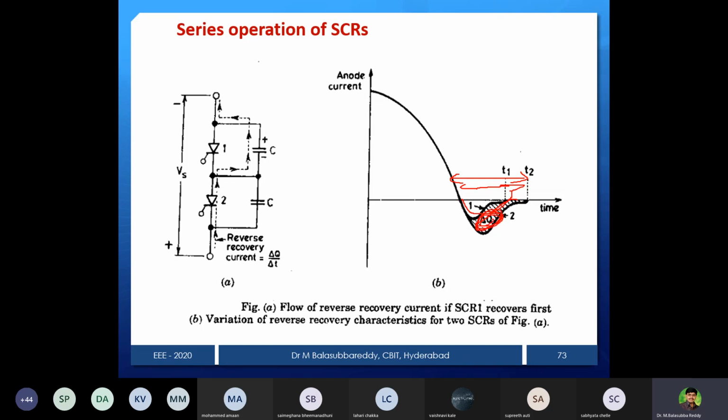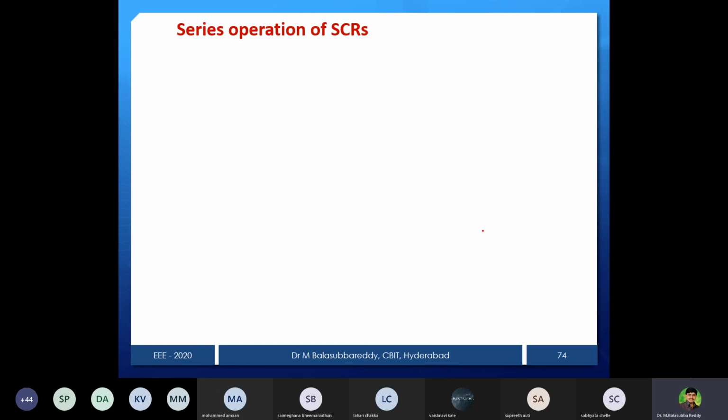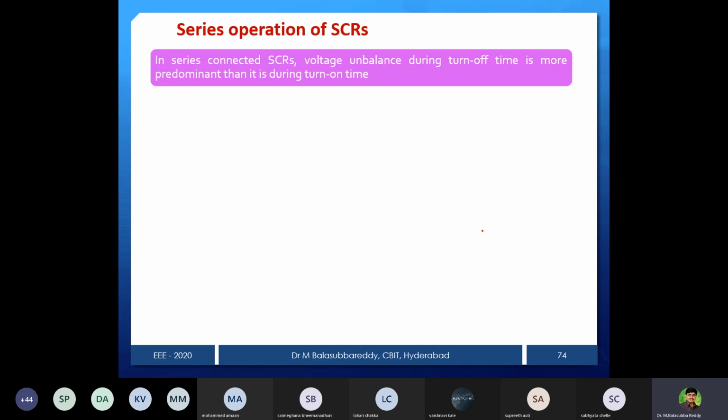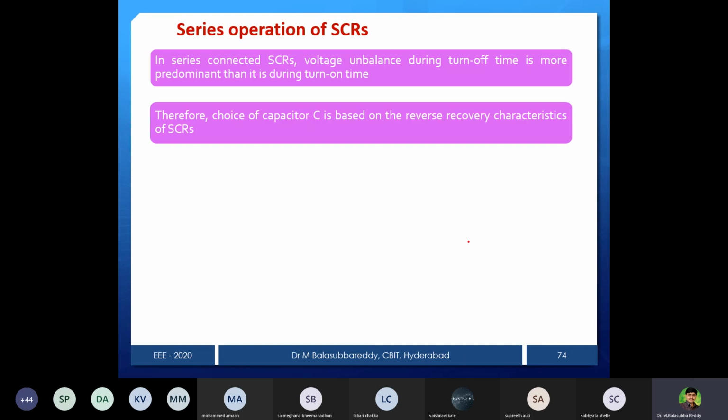Storing of the charge delta Q, Q is equal to CV formula. We need to find the value of C. Series connected SCR, voltage unbalance during off time is more of a problem than during on time. Therefore, the choice of C is based on the reverse recovery characteristics.